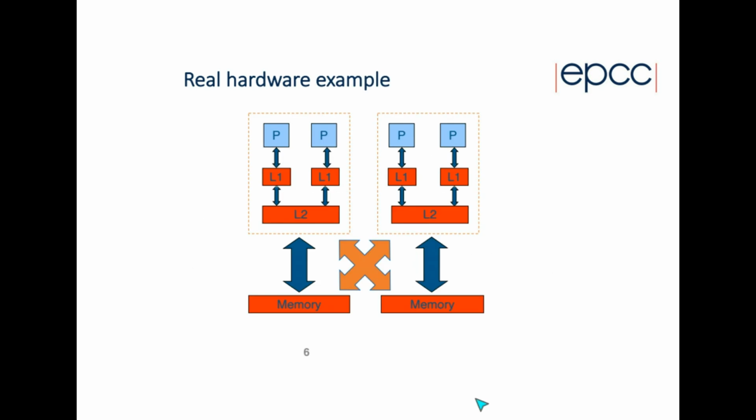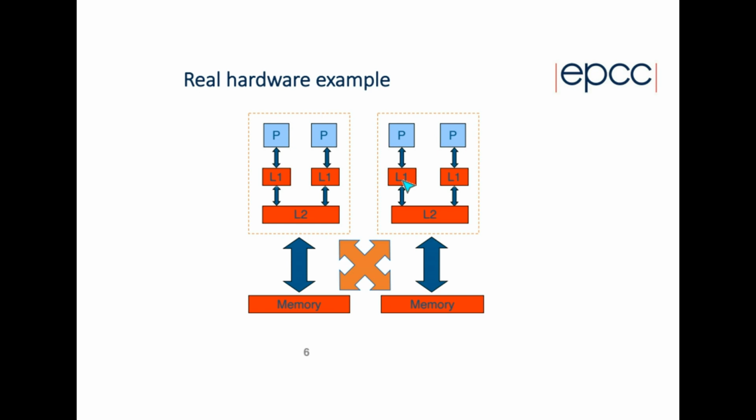Okay, so just to illustrate that, here's a slightly more complicated system. Here, instead of one single flat memory, we've got memory split into two pieces, and each of those has some processors associated with it, and I've just shown two here.